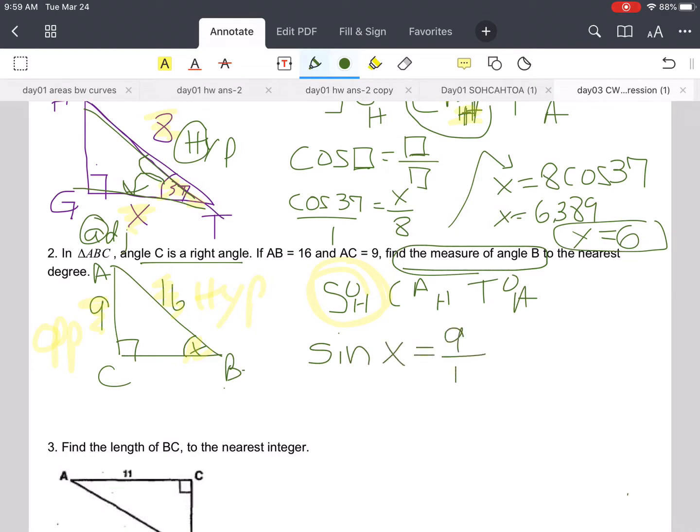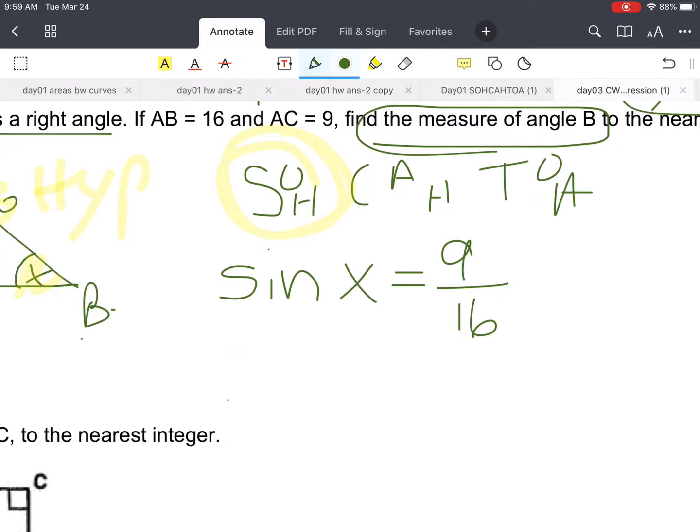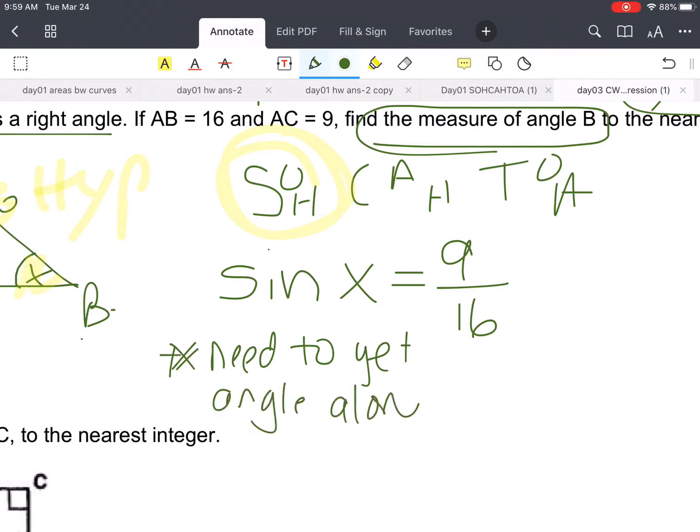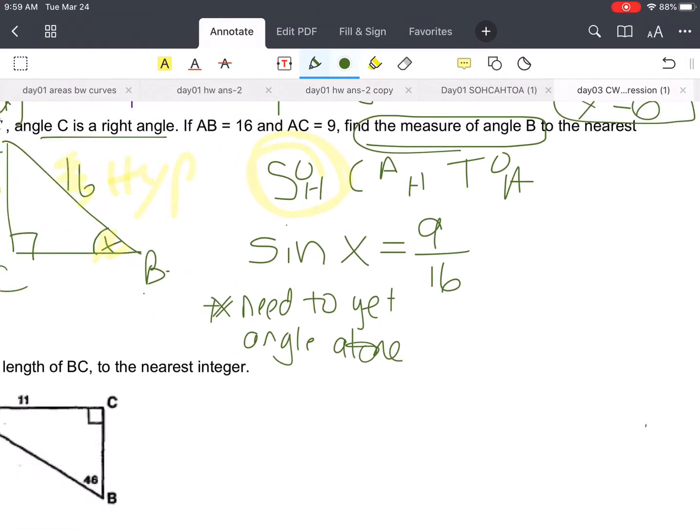Sine of X is 9/16. You cannot divide by sine. That's crazy talk. So in order to get the angle alone, and whenever that happens, you have to use sine inverse. So that is sine inverse of 9/16.